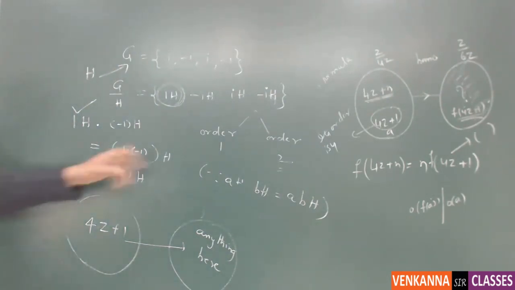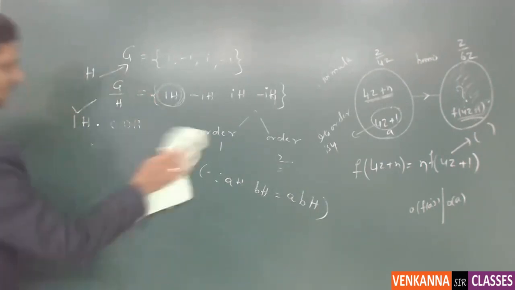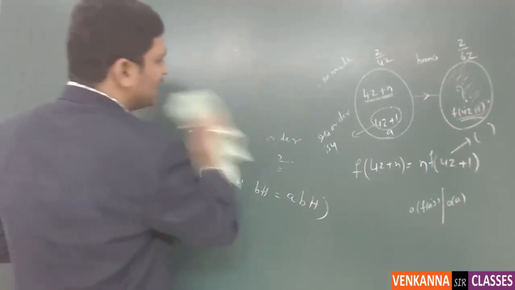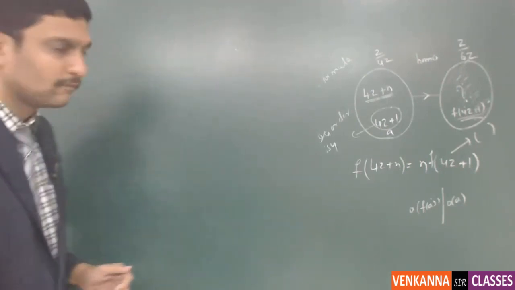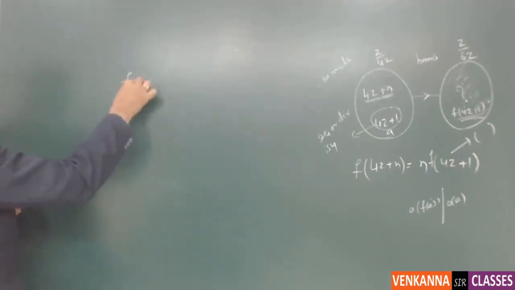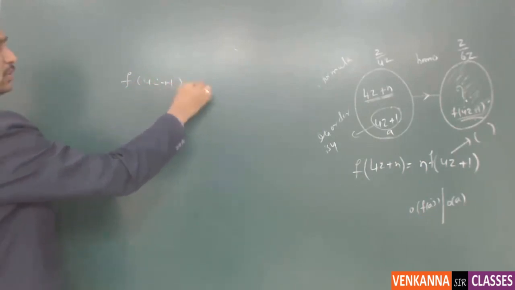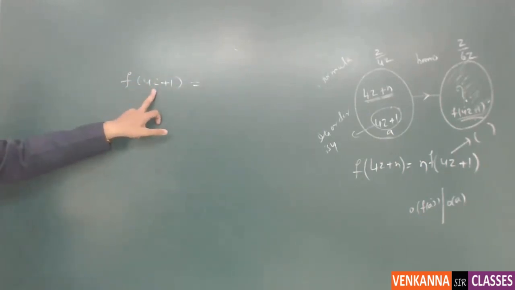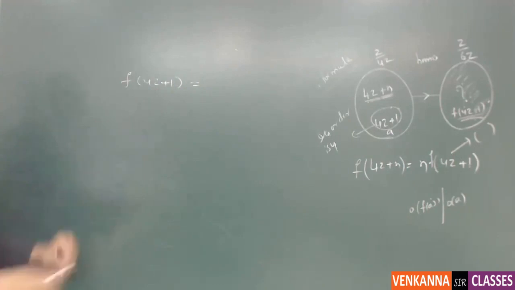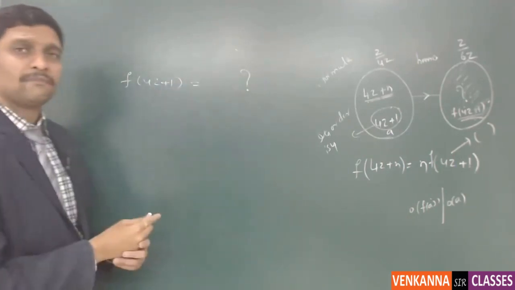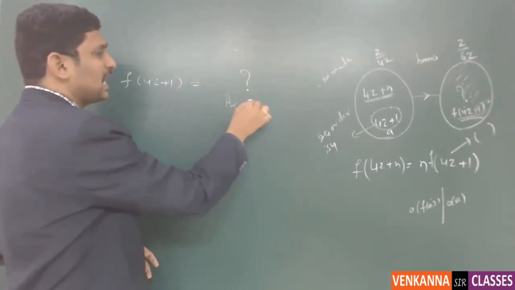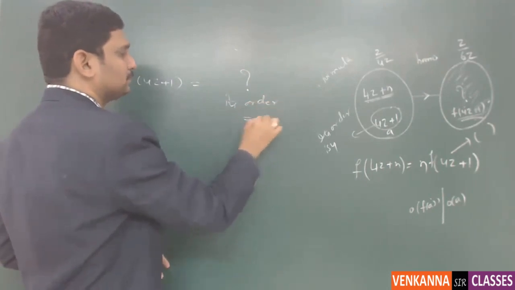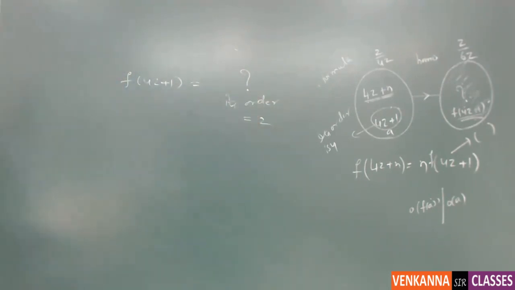So you have done one kind of pairing here. Now let us go for another kind of pairing. You can pair 4z plus 1 with anything such that its order must be 2. That is the other pairing possible for us here.